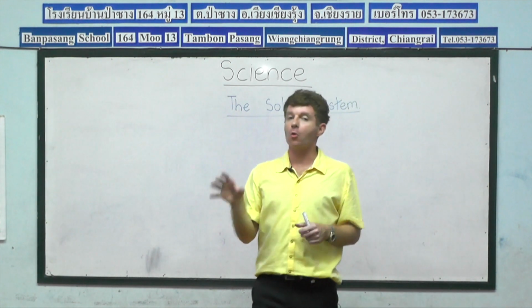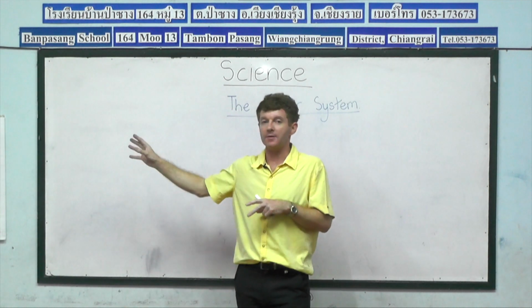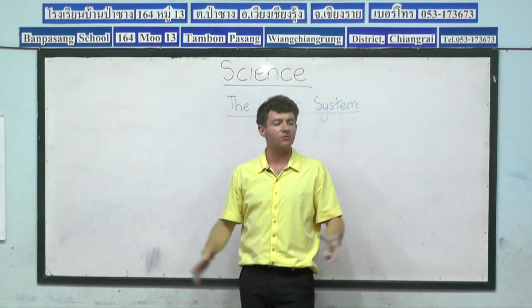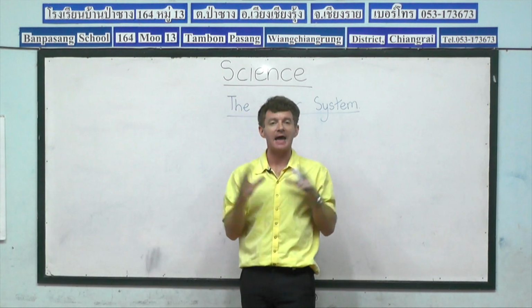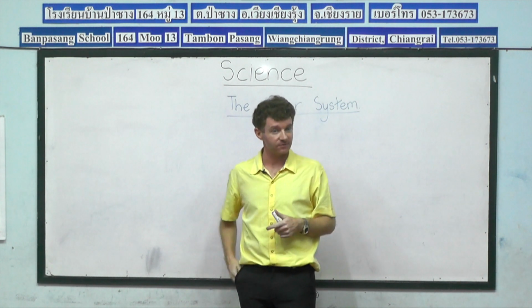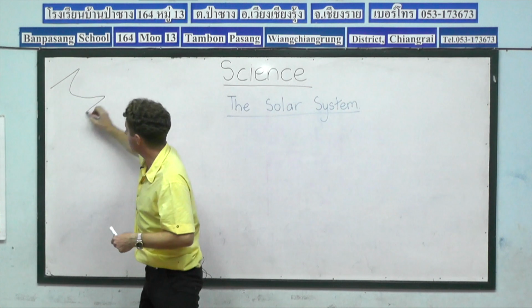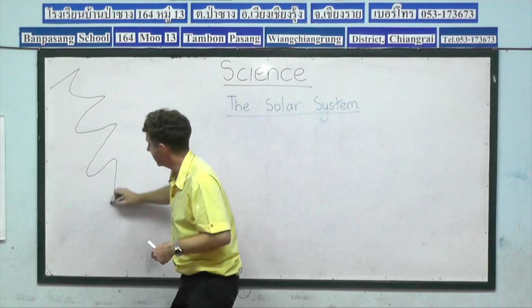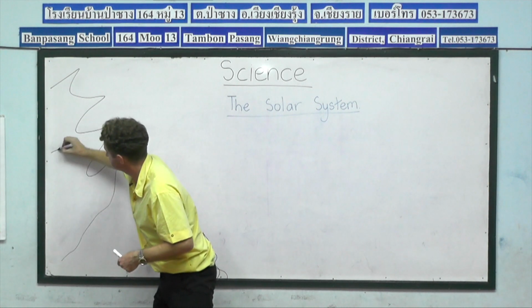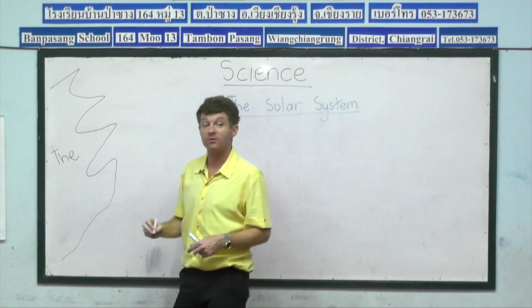Okay, now before we begin adding our planets, we need to draw on the whiteboard. Does anybody remember what's the big ball of energy that heats our solar system? The sun. Excellent. So we can draw a big fiery ball of energy here, and we will call this the sun.